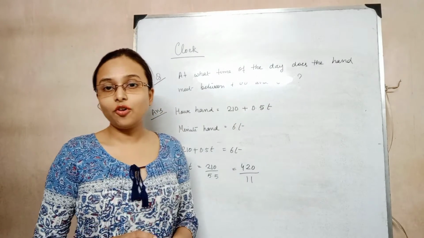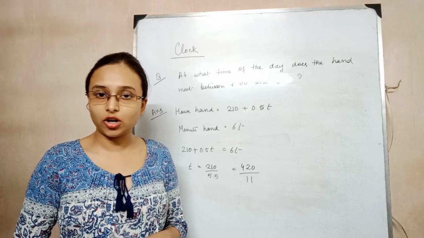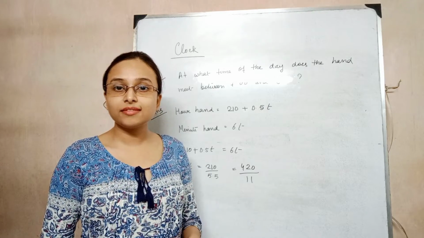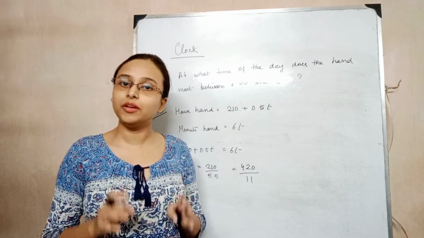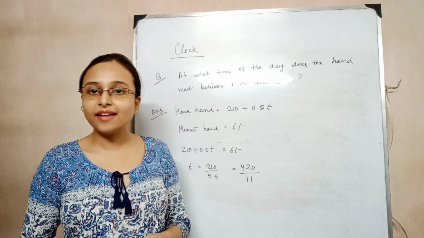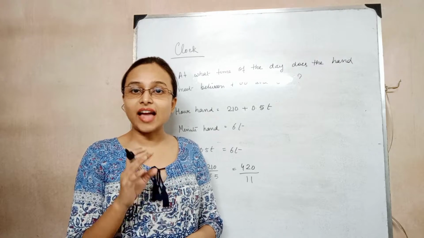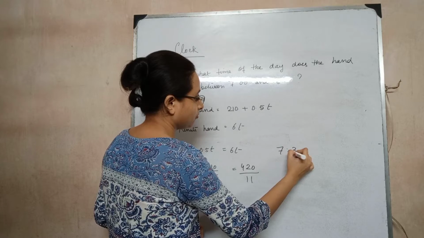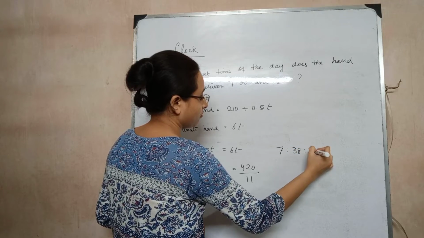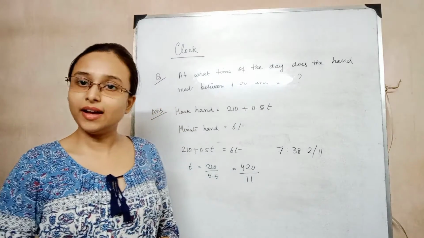Now, 420 by 11 is 38 minutes and 2/11 of a minute. Okay. Now, the hands of the clock meet at 7 hours, 38 minutes and 2/11. Okay, this will be the answer.